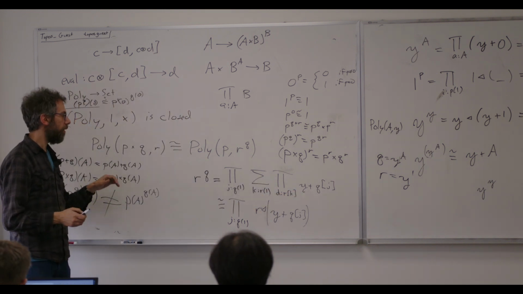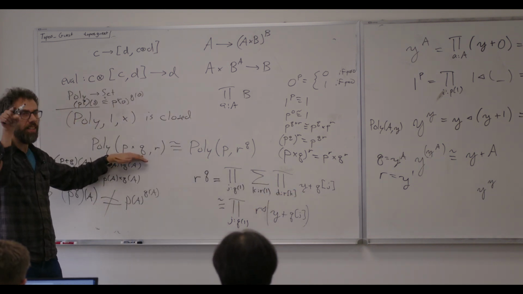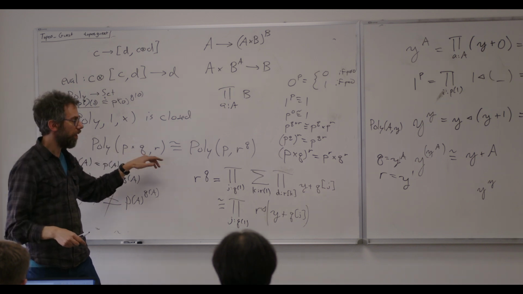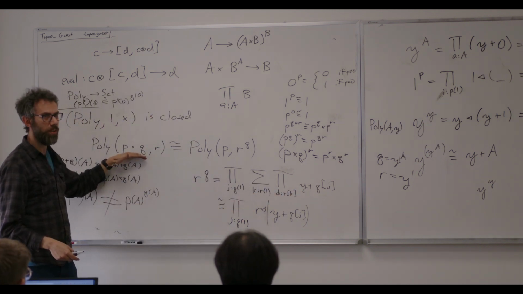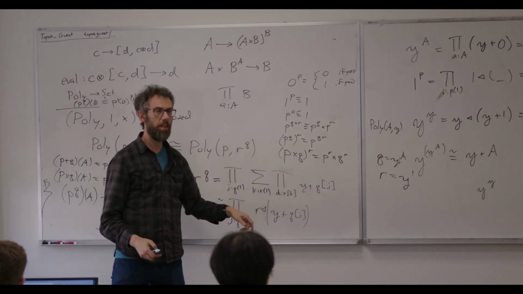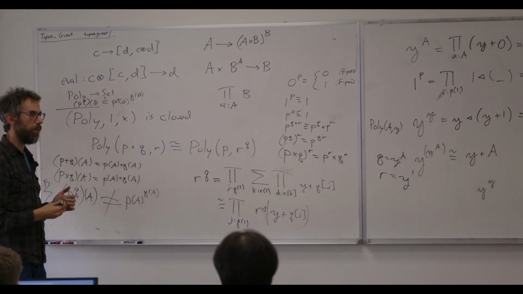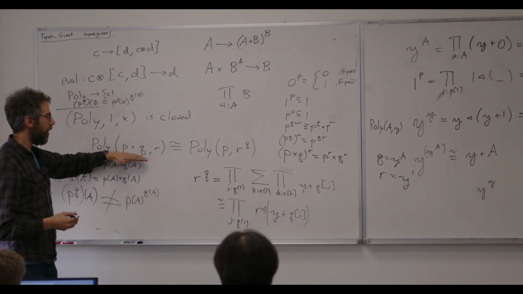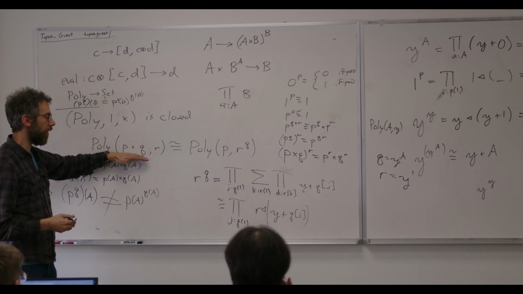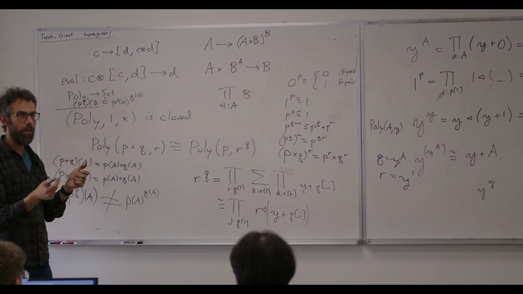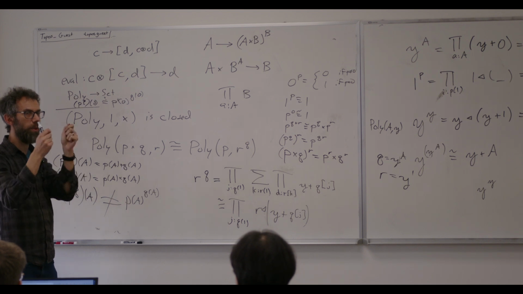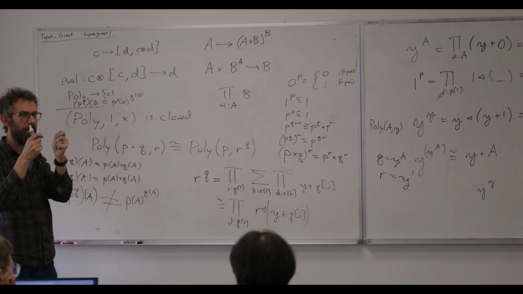Here's another way to say it. The fact that times adds in the exponents is the reason there's a plus there. The fact that tensor times is in the exponents will put a times there. And for any of the infinitely many monoidal structures on set, there is a monoidal structure on poly that on positions just multiplies positions like we're used to, and on directions does your monoidal structure on set upstairs.